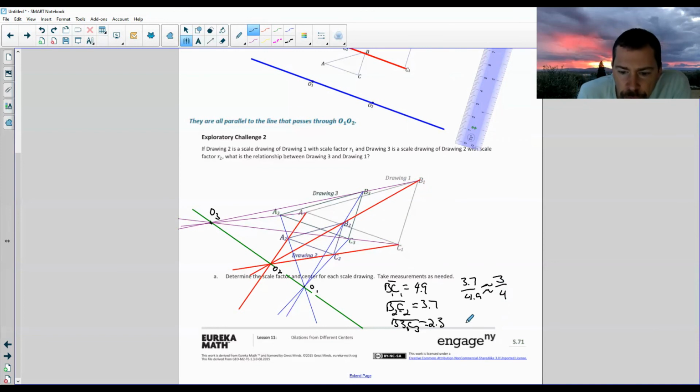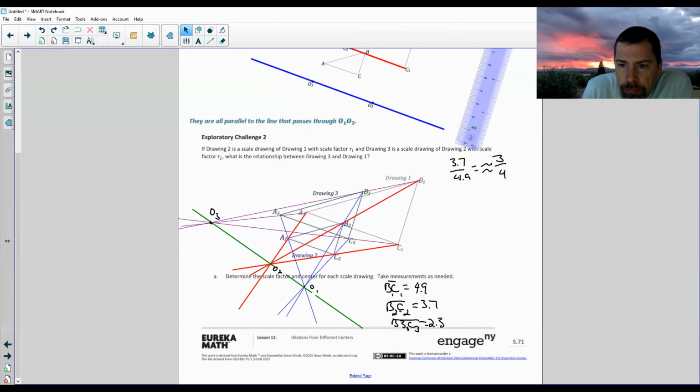Then to find out what the difference between, so let me write that. Let's move these up here. All right, so what were these drawings?